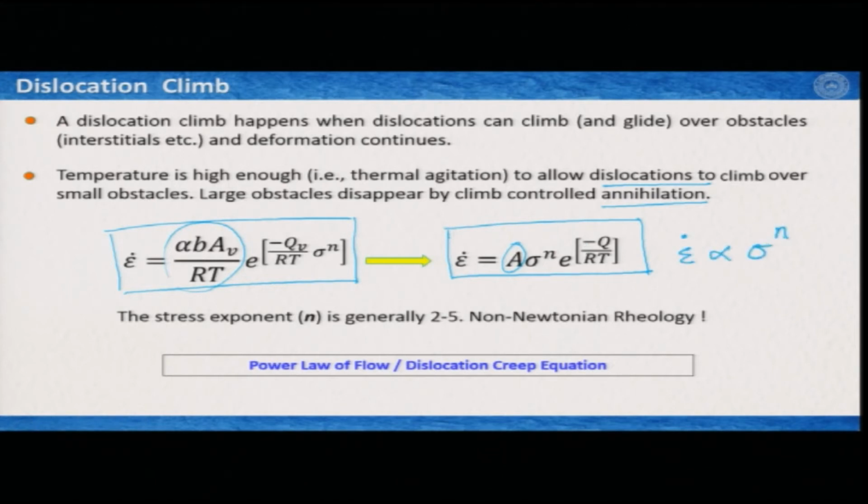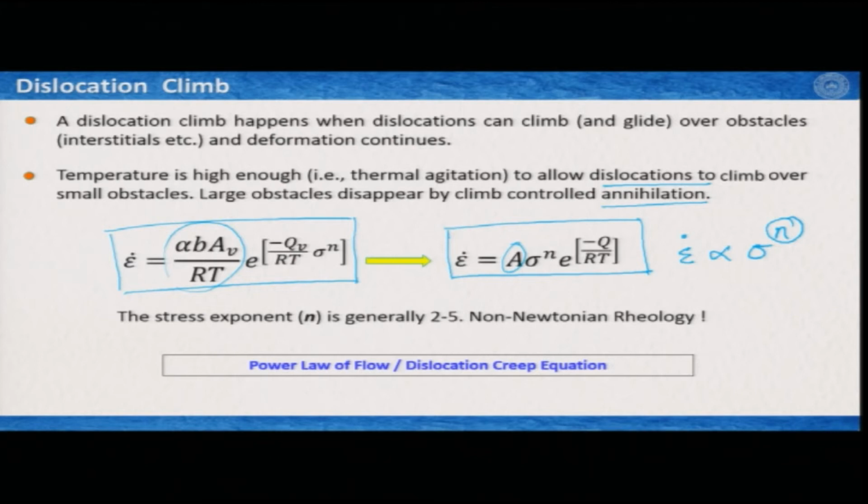But again, if we try to see the relationship between strain rate and stress, it comes in this form, and here strain rate is not related to the stress linearly, but it requires an exponent which we call the stress exponent. Experimentally, people found that in this range of dislocation climb, the stress exponent generally varies from 2 to 5. It can be much higher, but then we assign it to a different mechanism.